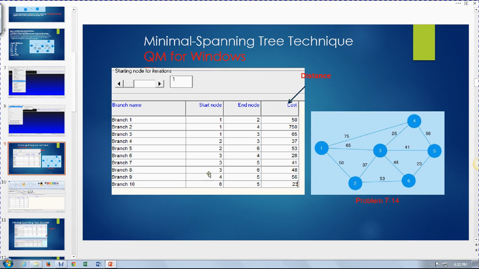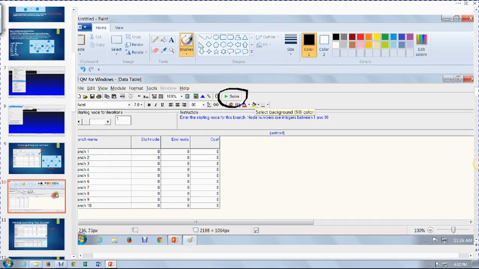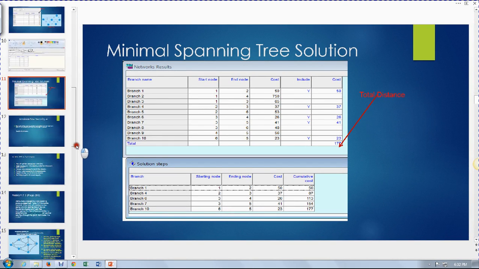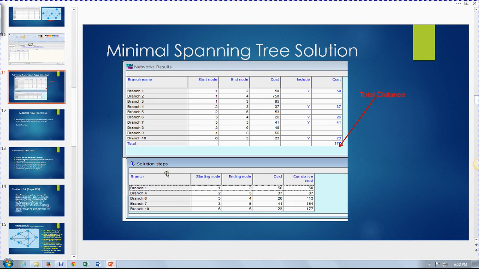And you enter all this data in, and then you hit solve up here, and the QM for Windows minimal spanning technique comes through, and it shows you the starting and ending nodes, 1, 3, 4, 5, and 6, and the individual distances plus the cumulative distance of 177. Same thing we got doing manually.